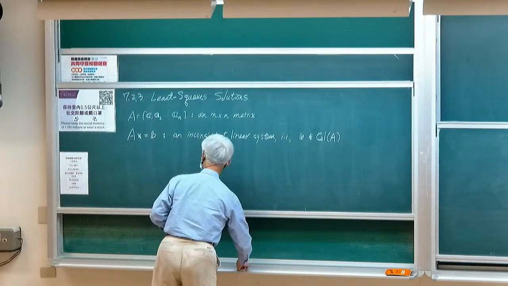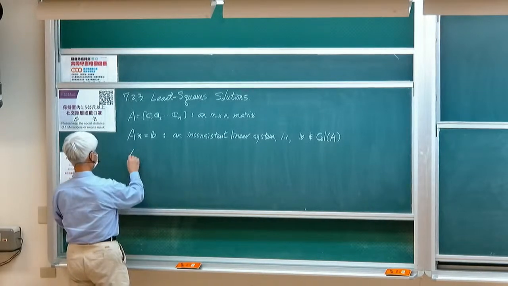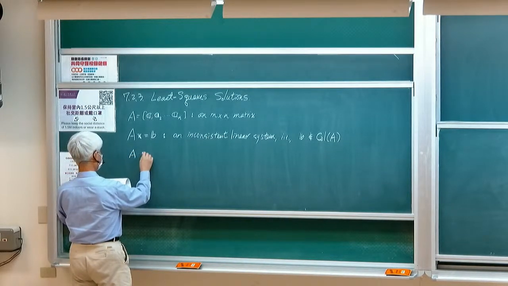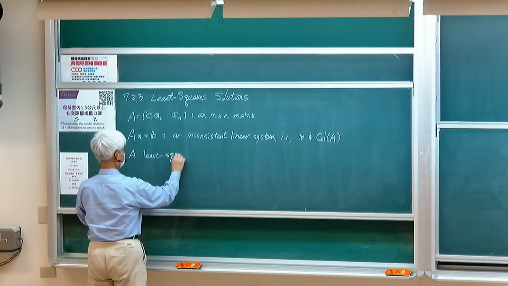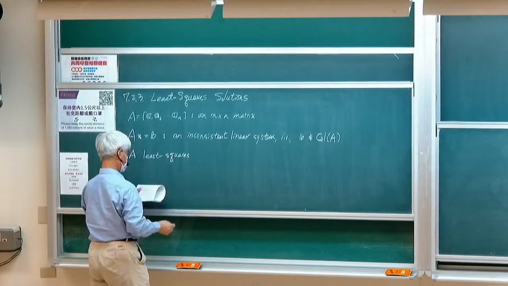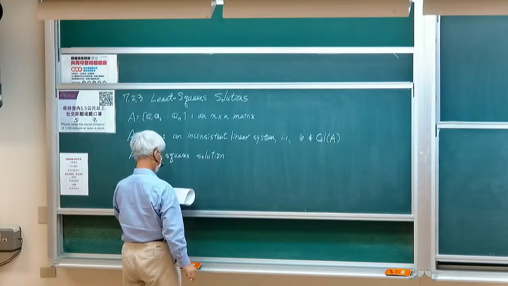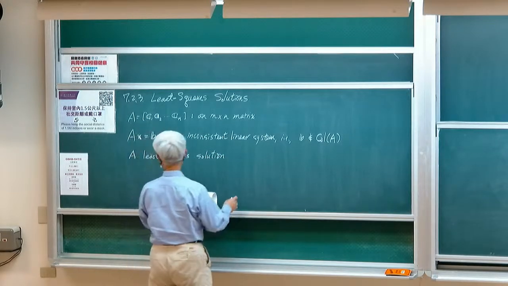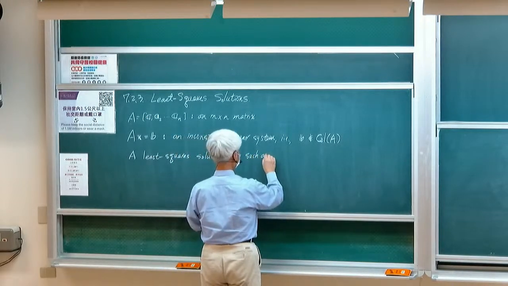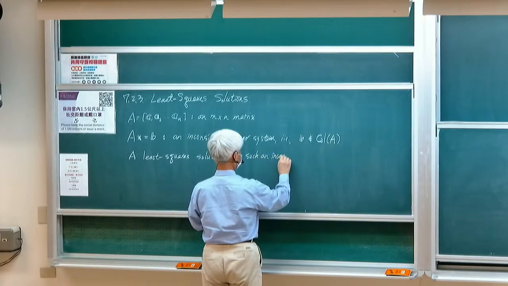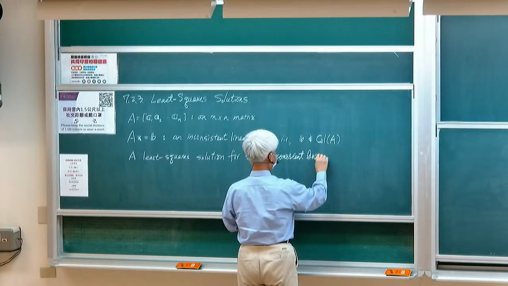Now, we try to find a solution. One of the possible solutions is called the least square solution for such an inconsistent linear system.